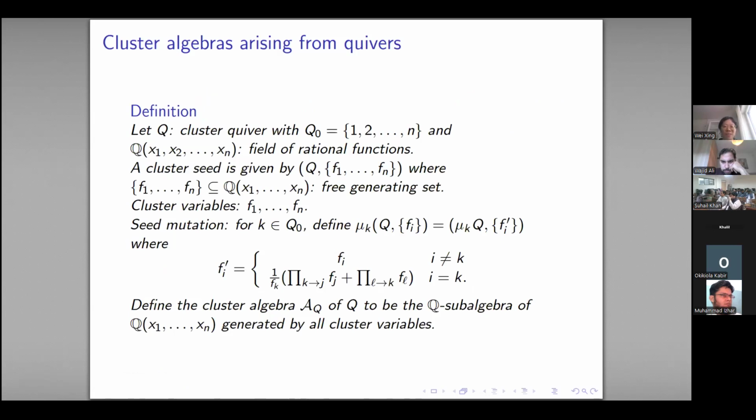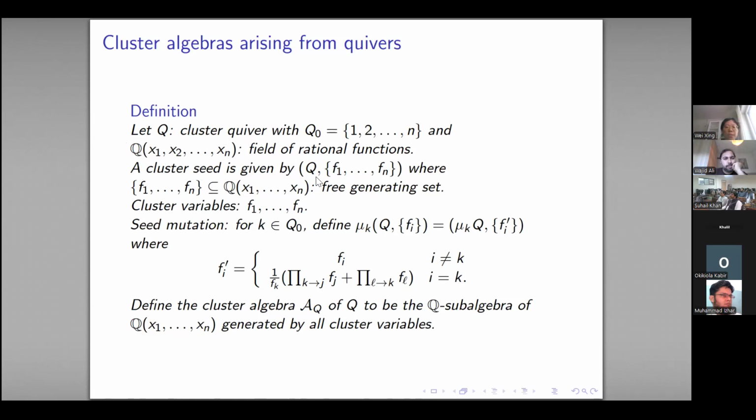And now let me introduce the definition of a cluster algebra arising from a quiver. It's a rather long definition. So we have a cluster quiver with the vertices labeled by 1, 2, up to n. And we pick variables x1, x2 to xn. And we take the field of rational functions of them, which is this guy.